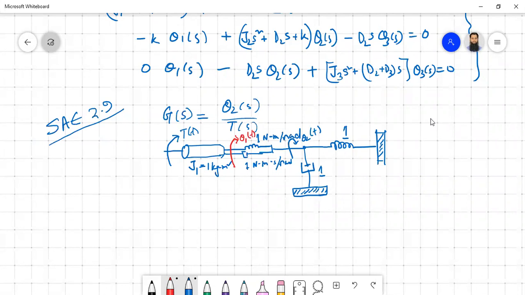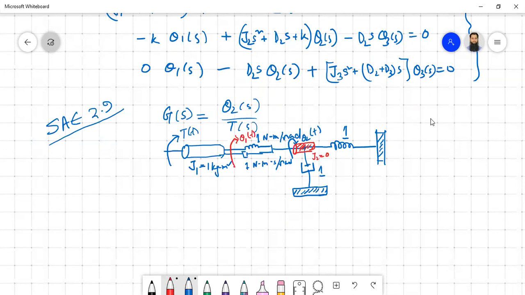Sometimes it may seem confusing, because you have written two different equations for two different inertias, so it may be difficult to comprehend what is happening. In that case, you can assume there is an inertia here as well, but its magnitude is J2 equal to 0. Then maybe it will be easier for you to understand what is happening.